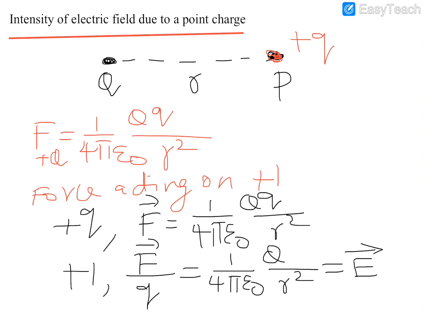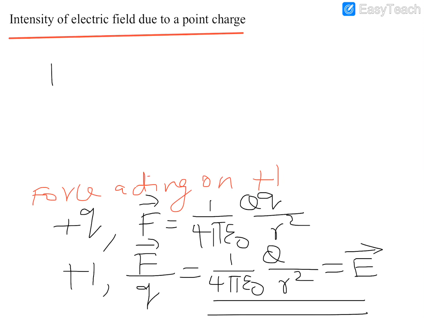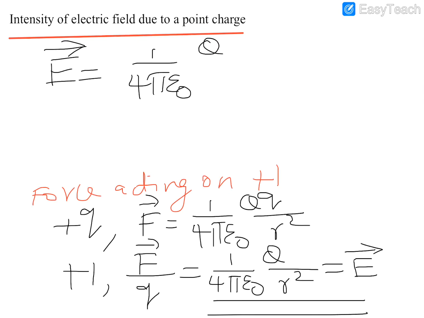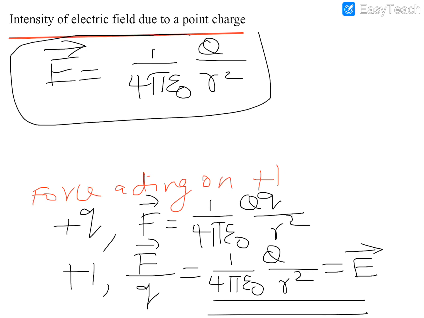So you got the equation for electric field intensity at a point P due to a charge capital Q. It is given by vector E equals 1 by 4 pi epsilon 0 Q divided by r square. This is the equation for electric field at a point due to a point charge capital Q.